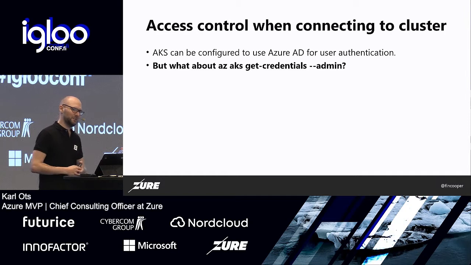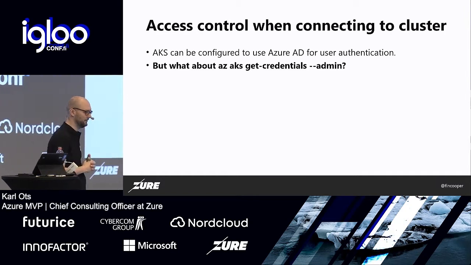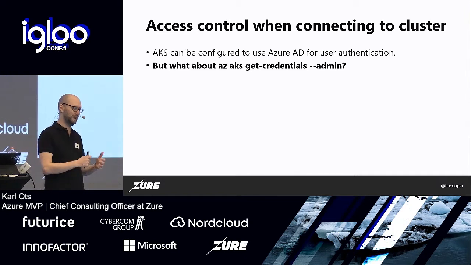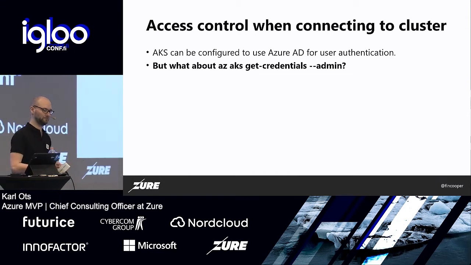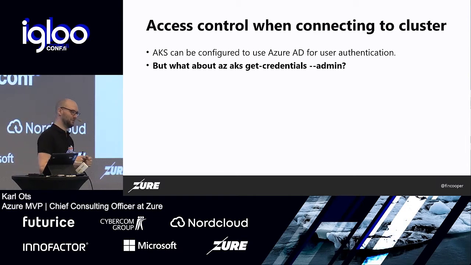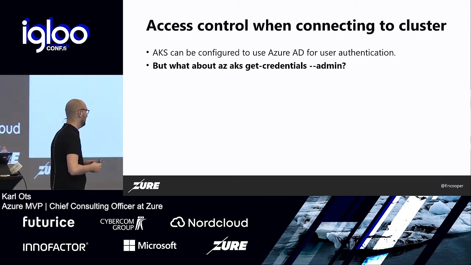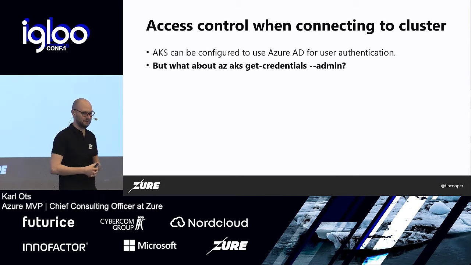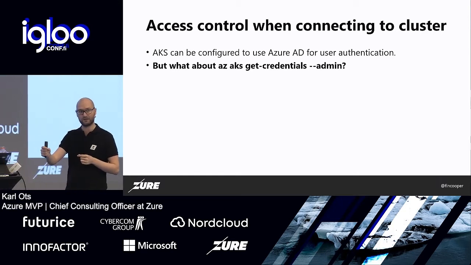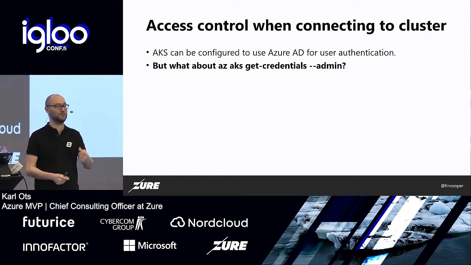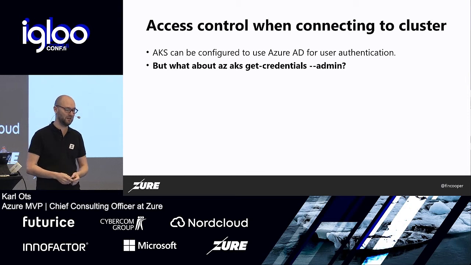But there's also this nice little thing that I can actually run this az aks get-credentials also with this nice extra flag, admin. And what does that do? Actually, when we drill deeper, this is actually two different ARM operations. One is getting the user credentials for the cluster, one is getting the admin credentials for the cluster.